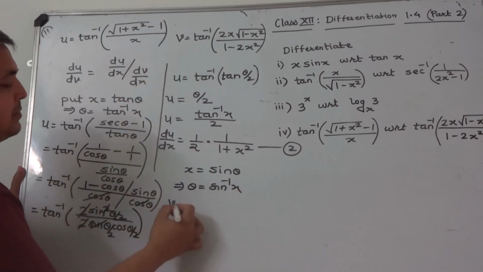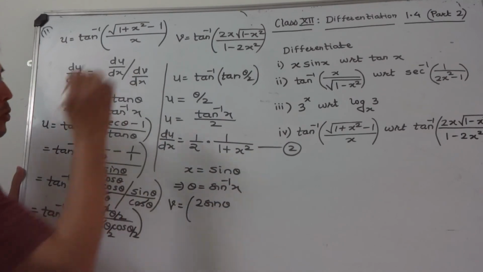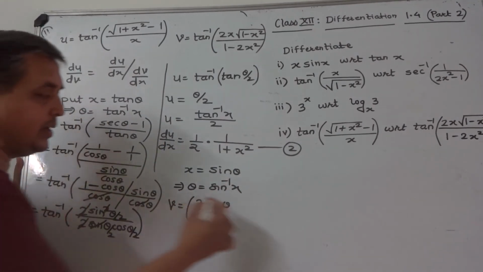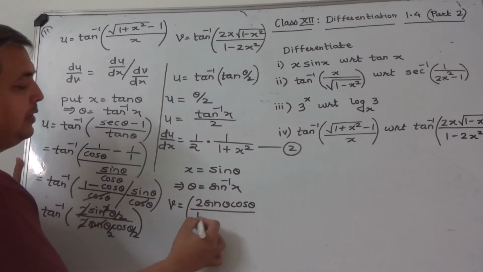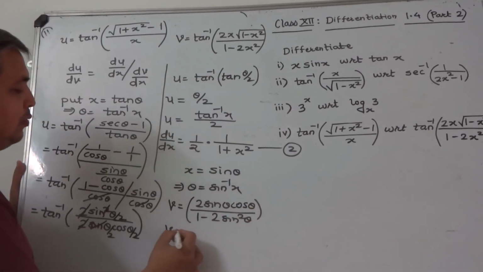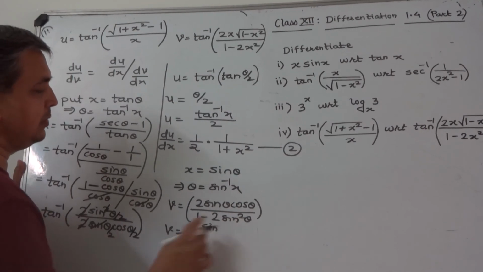Now v becomes 2 sine theta, root of 1 minus sine square theta. 1 minus sine square is cos square, its root is cos theta upon 1 minus 2 times sine square theta. So v becomes 2 sine theta cos theta is sine 2 theta.